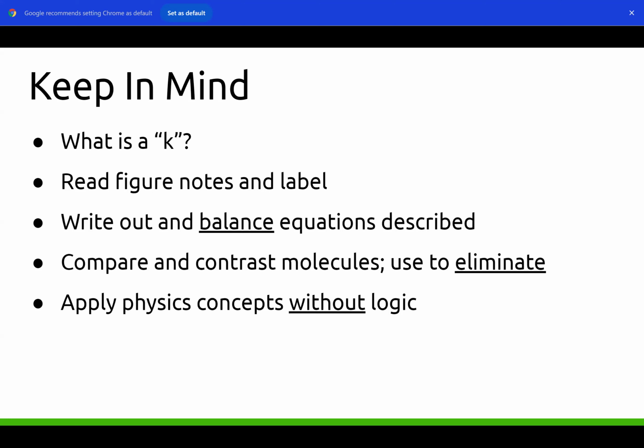And of last note, apply the concepts of physics without logic. A lot of times physics concepts are just a concept, and as soon as you start thinking logically about it, the concept breaks down. But as long as you stay with just the physics concept as a concept, don't try to add your own logic to it.